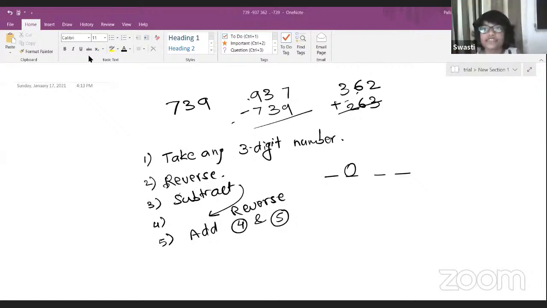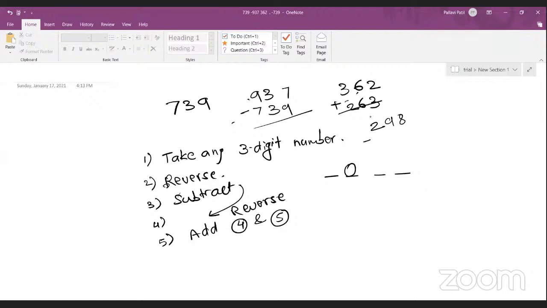No. Can you please check your calculations again? I didn't get the answer. I guessed 298 as the 3-digit number, but I didn't get the answer. Okay. So can you do it for 298 and show Divij, Swasti?